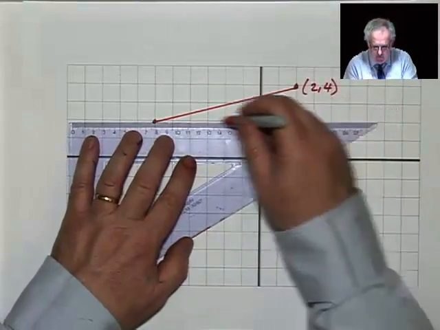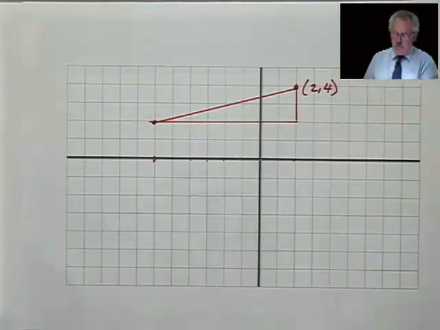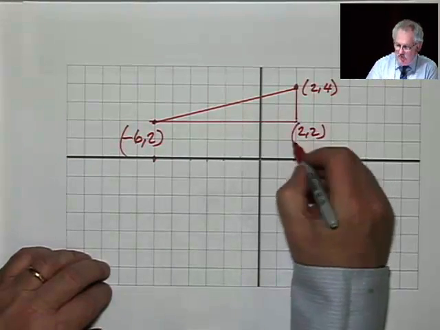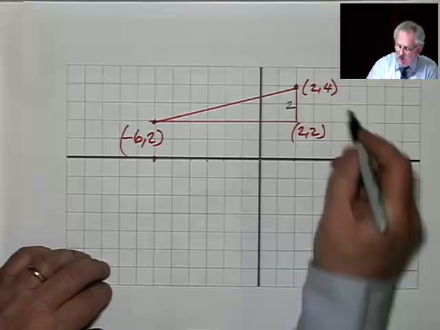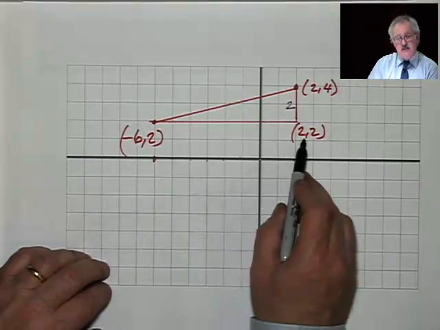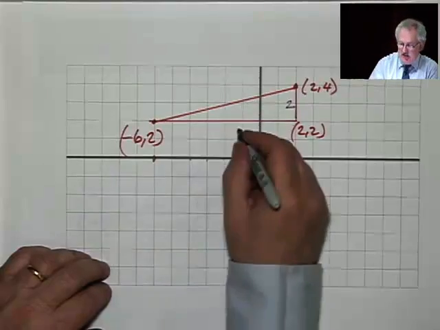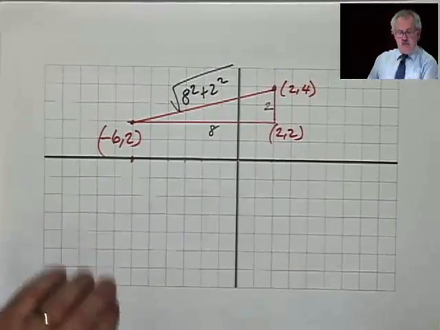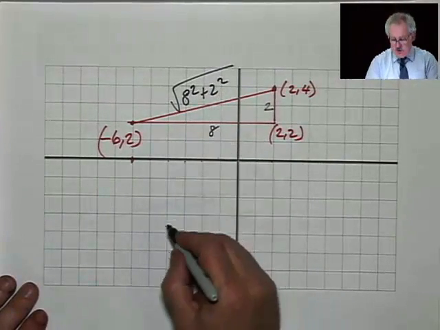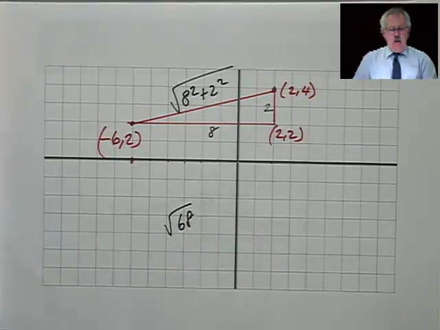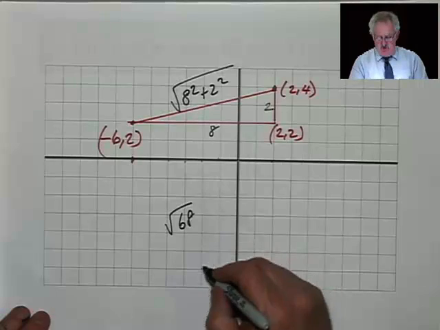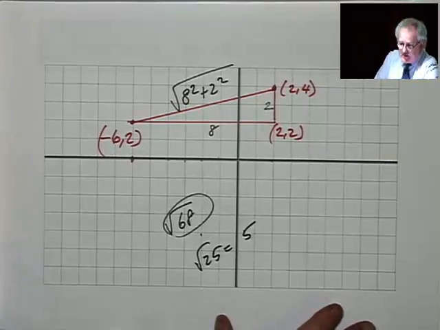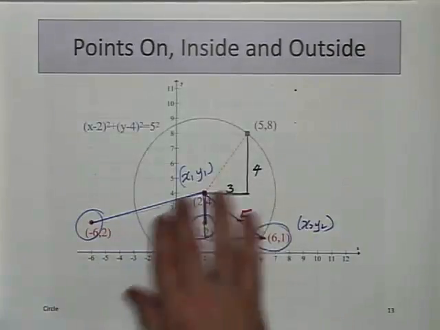Again, I can show the lengths here. If this is minus 6, 2, and this therefore would be 2, 2. The drop in length here would be 2, and from 2 to minus 6, that's 2 east, that's 6 west, so that's 2 plus the 6, that's 8. So this thing here would be 8 squared plus 2 squared. That's 64, that's 4. It's the square root of 68. It's an awful lot bigger than 5 because the square root of 25 is 5. And 68 is bigger than 25. So this is outside the circle. That's for sure. And that's how I would do that.